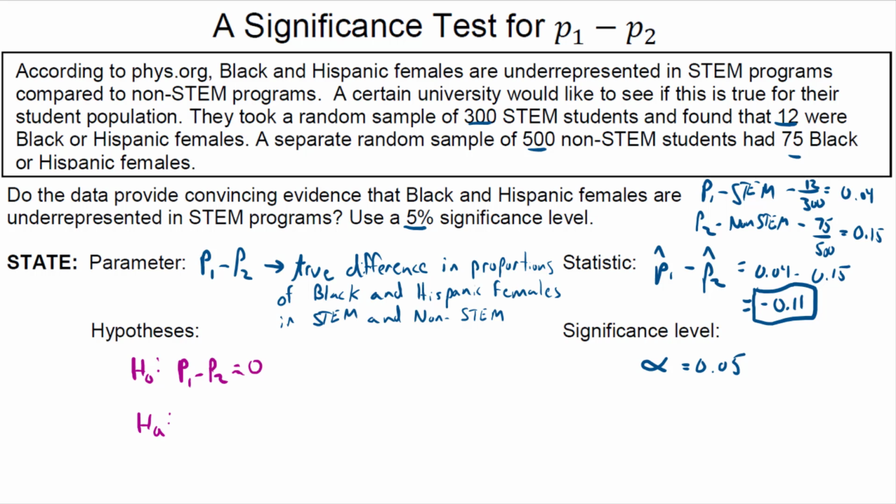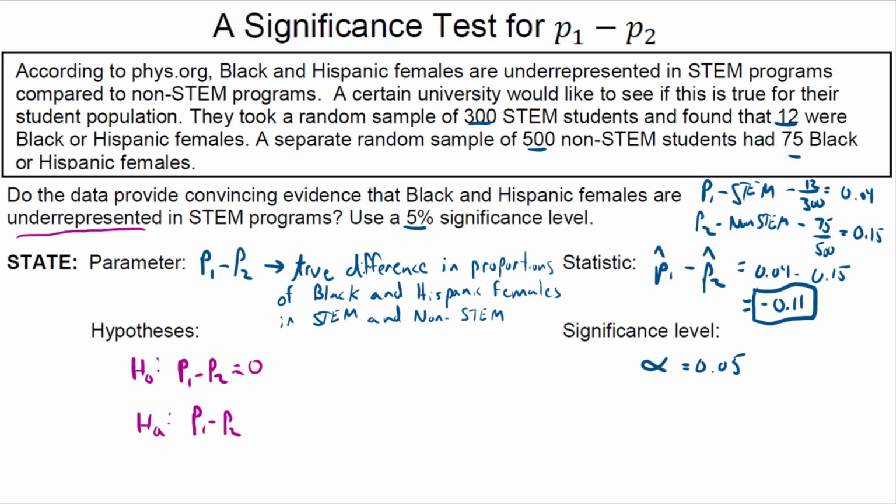Now for our alternative, we're going to talk about saying that it says if they're underrepresented. So in other words, the difference should be less than 0 because we have P1 minus P2.